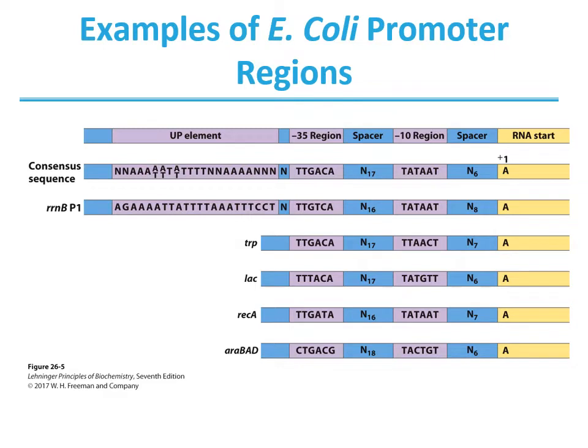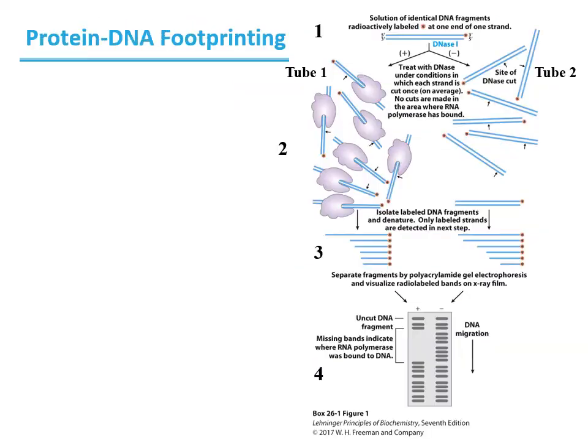AT-rich sequences promote strand separation. These sequences govern efficacy of RNA polymerase binding and therefore affect gene expression level. Nucleotides before the first nucleotide of the RNA molecule are considered upstream and given negative values.